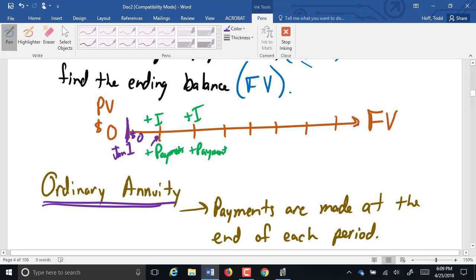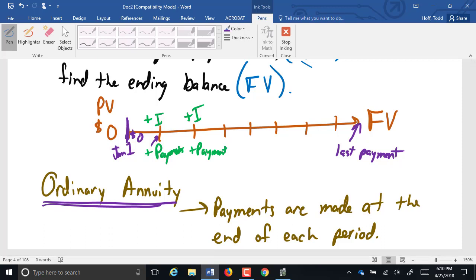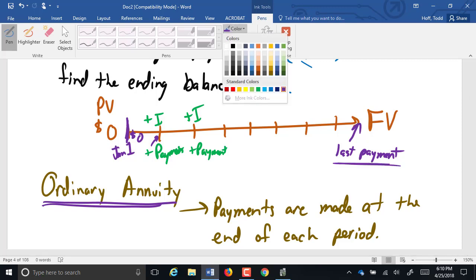The last payment goes in on the very last day of the annuity. So that last payment gains no interest. Again, that seems kind of silly to me, but that's how it's set up.